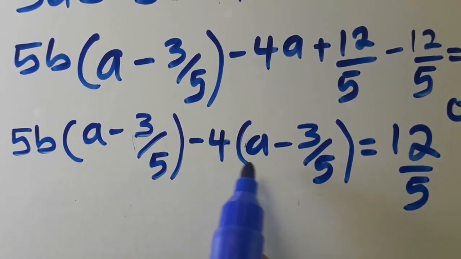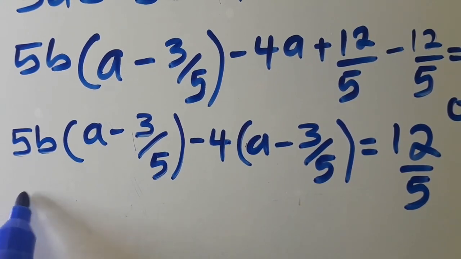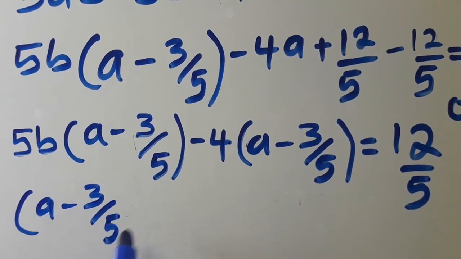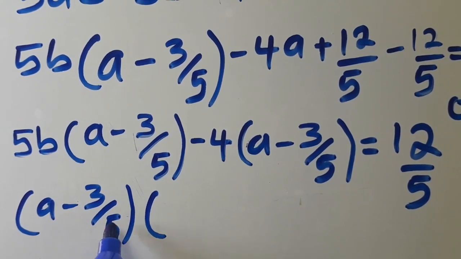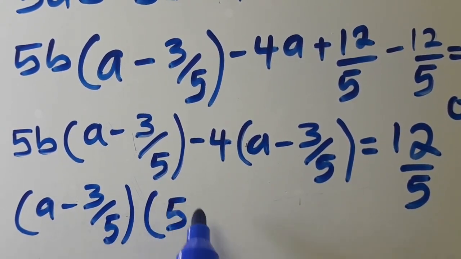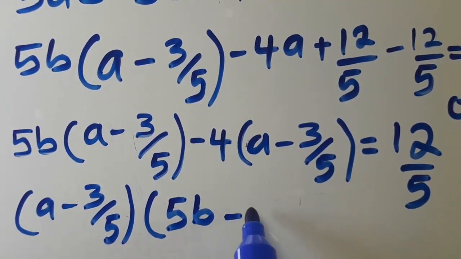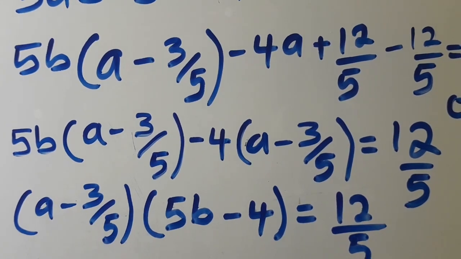Then a minus 3 divided by 5 is common, so we can factor it out as a minus 3 divided by 5, the whole of this divided by a minus 3 divided by 5, we have only 5b, minus 4 to be equal to 12 divided by 5.